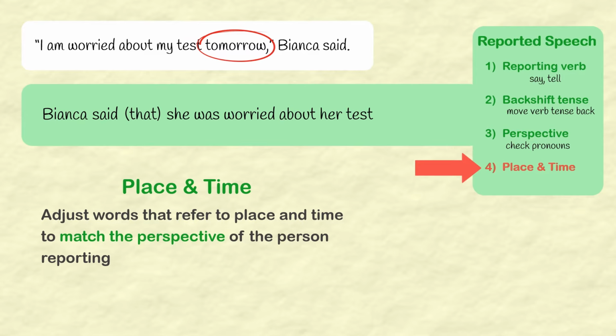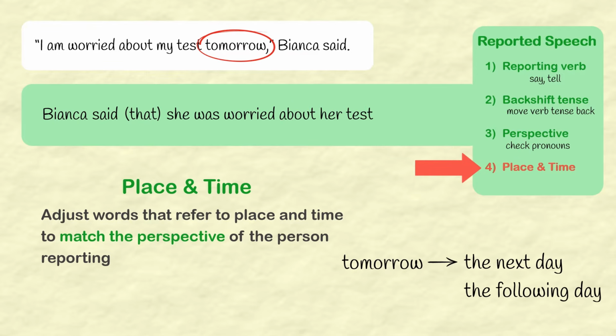Words related to time and place change because we are moving from the place and the moment the speech was originally said to a different place and to a different point in time. For this reason, we don't say tomorrow, we say the next day or the following day. Our sentence is, Bianca said she was worried about her test the next day.